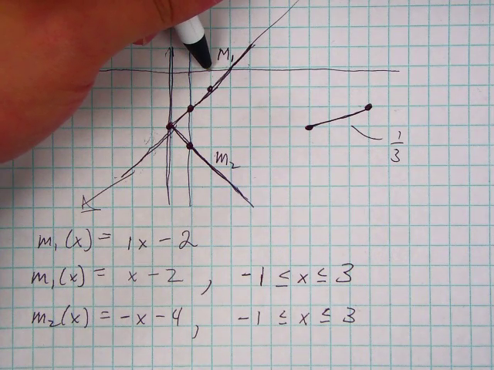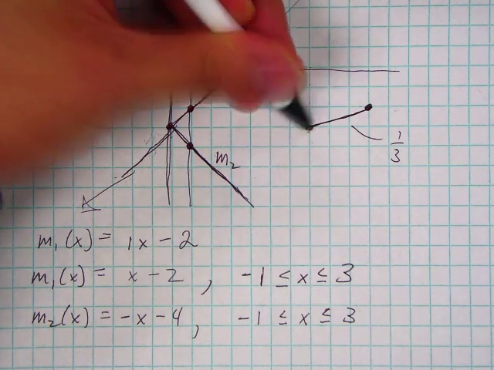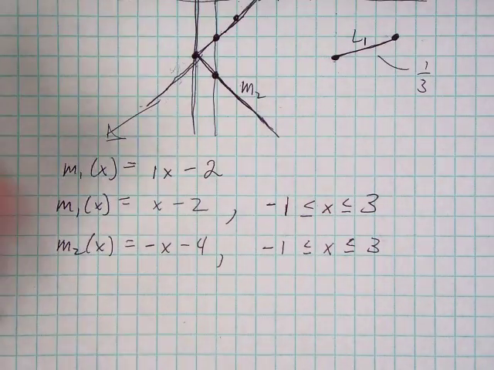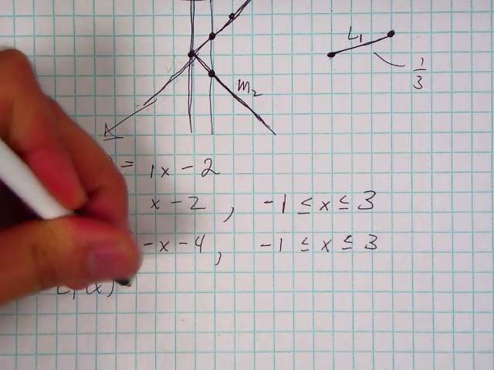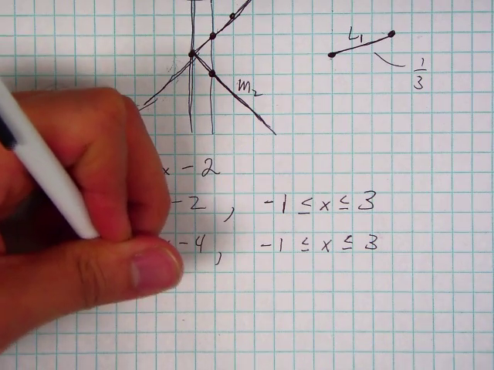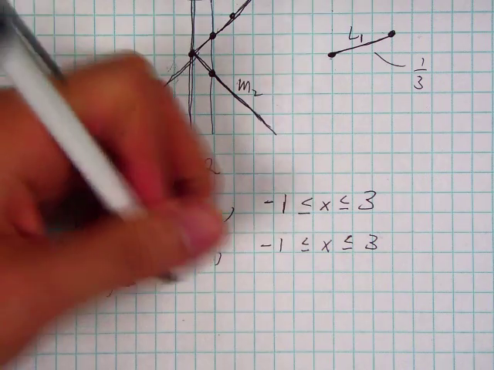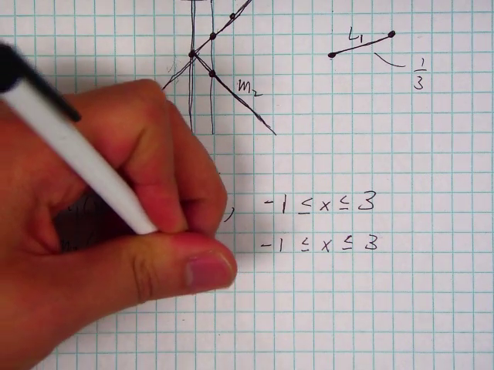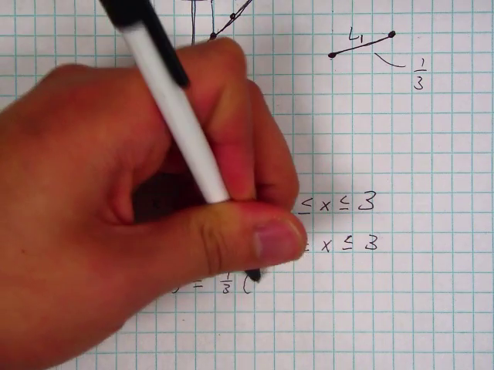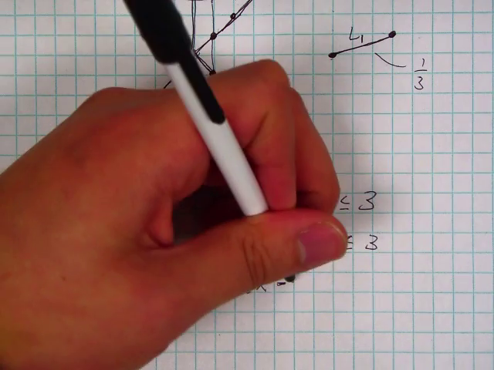What is this point here? It's 1, 2, 3, 4, 5, 6, and then -3. So let's call this one L1. Point-slope form is y minus y1, which is -3, equals m, 1/3, times x minus x1, which is 6.